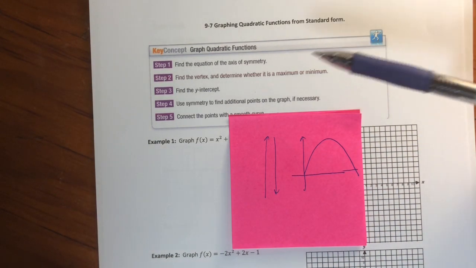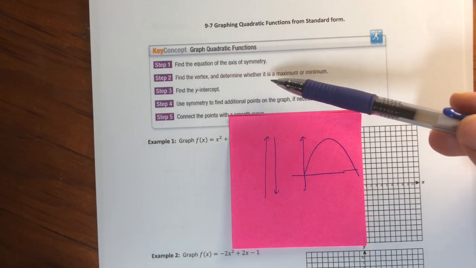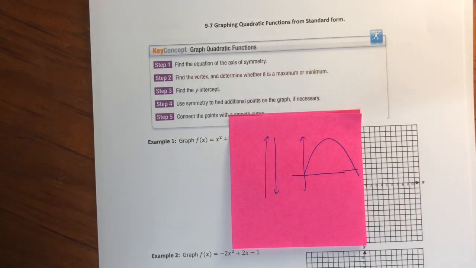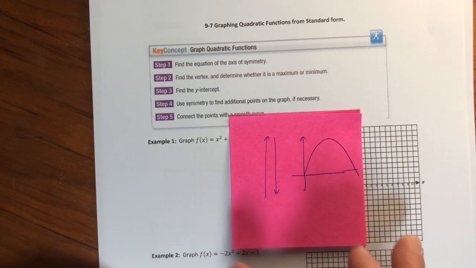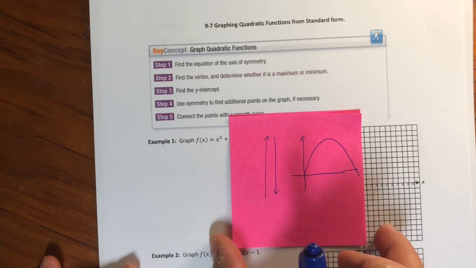We are learning to find the line of symmetry. We are learning how to find the vertex, maximum, minimum, y-intercept, but all those things have meaning in real life. So I want you to think about this. We are learning some skills, but those skills we will be applying very soon for the real life applications.